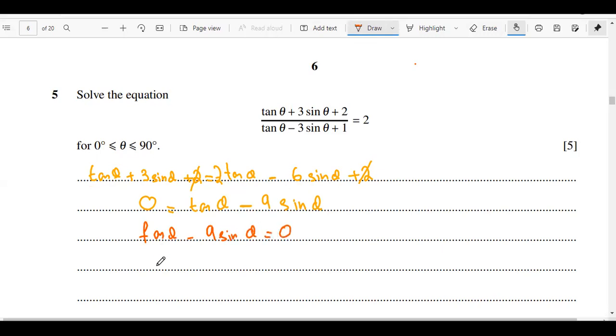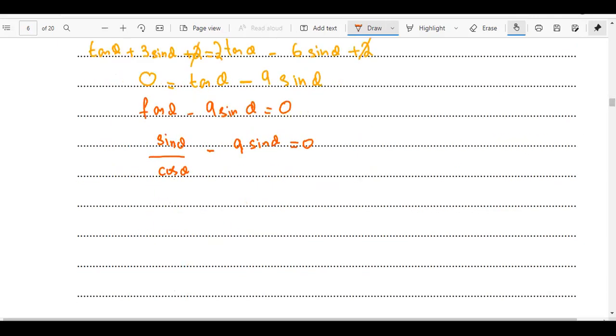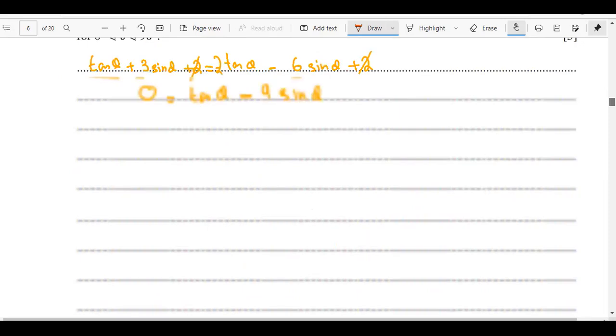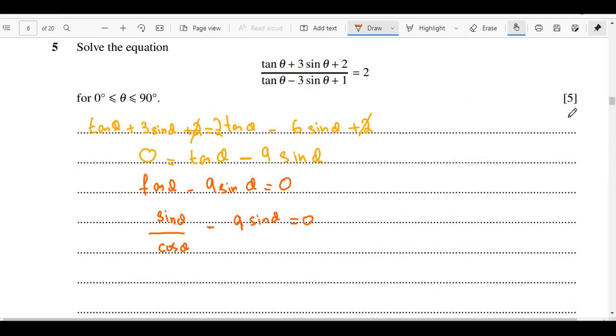I can write tan theta as sine theta by cos theta, minus 9 sine theta equals 0. Now I need to simplify this, and I don't know how to simplify this exactly.